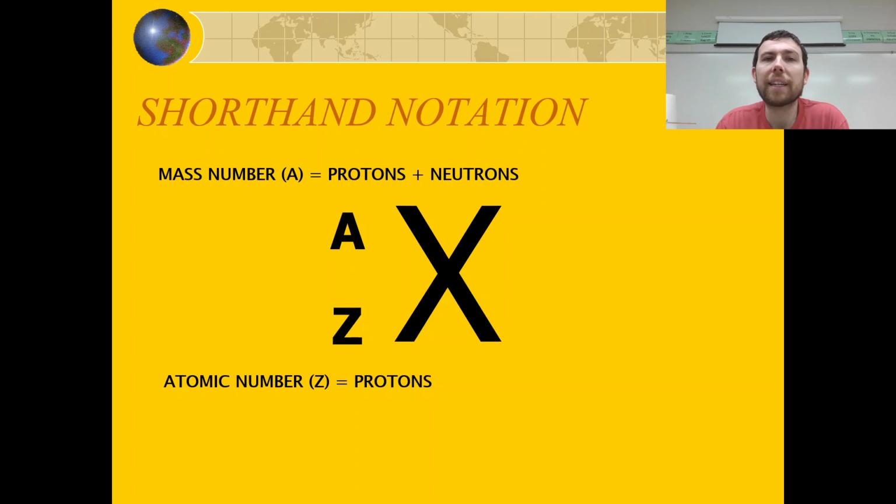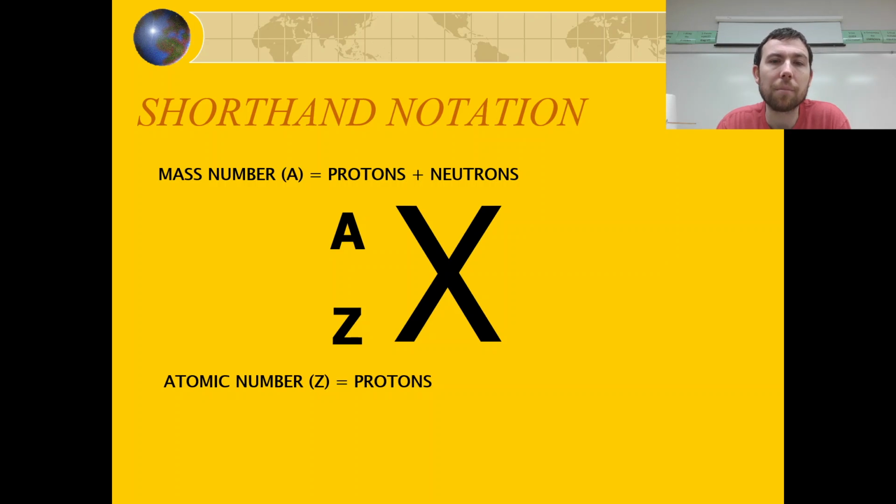Now, again, this should be a notation that we're very familiar with. You've got your generic element symbol X. Then you've got that superscript A, which is your mass number, which we've just talked about. It's the protons plus the neutrons. And then you've got the subscript Z, which is your atomic number.